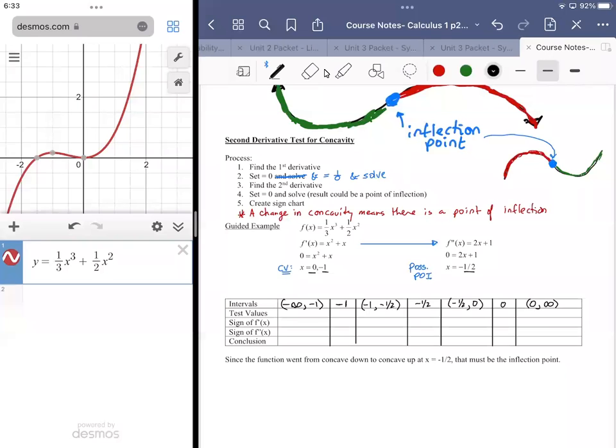This line here, speaking of testing values, I just put this in here for note-taking purposes, so you would know what values I was looking at when I created the sign chart. Basically, you just need some number that's in the interval of -infinity to -1. That number could be whatever you want, as long as it's in that interval. We know that -1 is going to give us a 0, because that was the critical value for the first derivative.